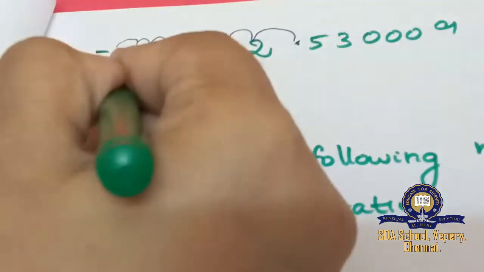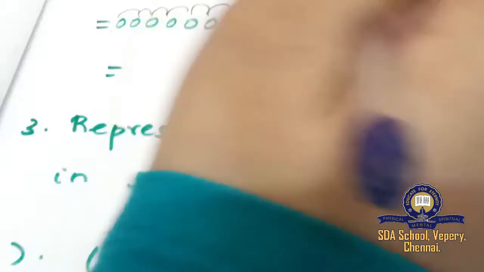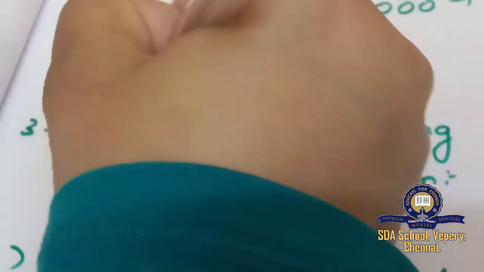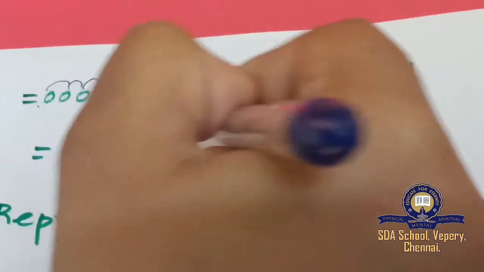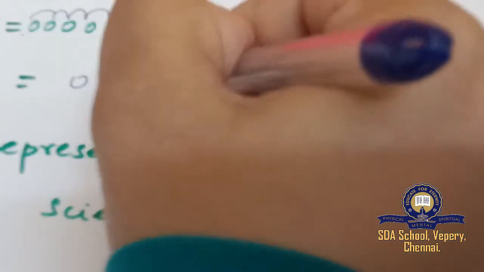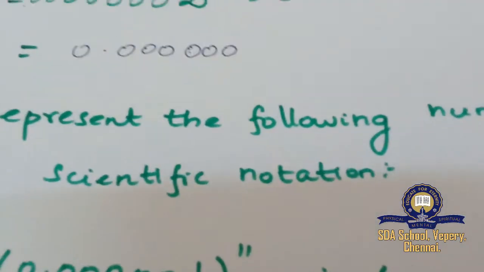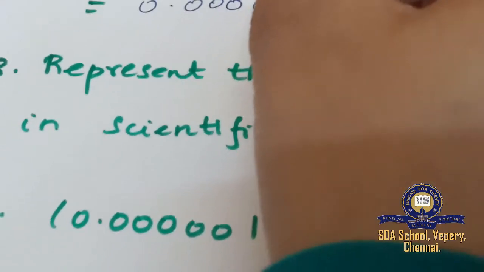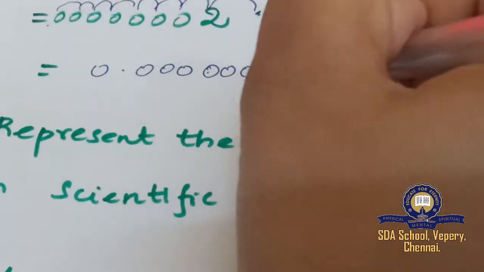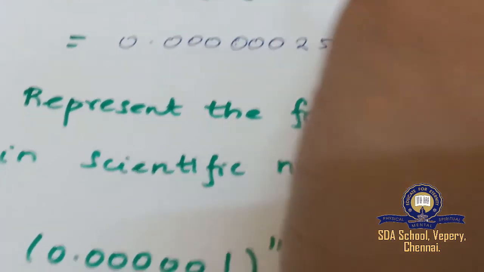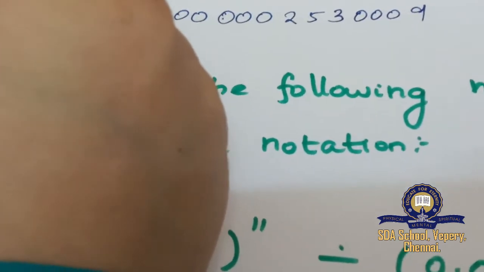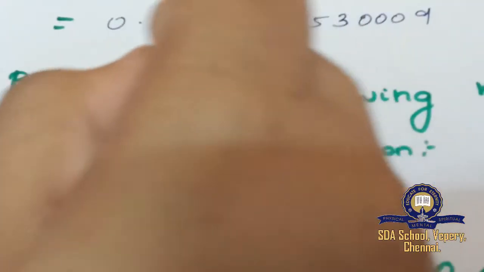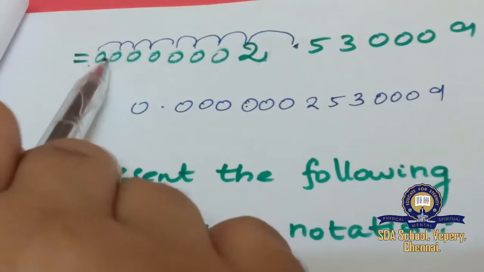I will get the answer as 0.000 then 000 253009. Yes, students, see, I am putting the decimal point over here. Here itself it stops because I have 2 over here. You get it? Now from here if I count, I have to stop till here.